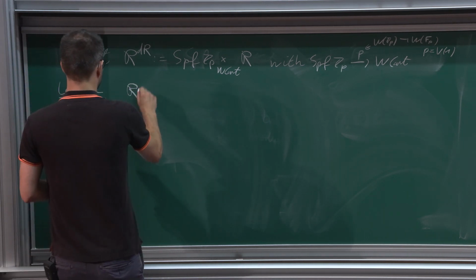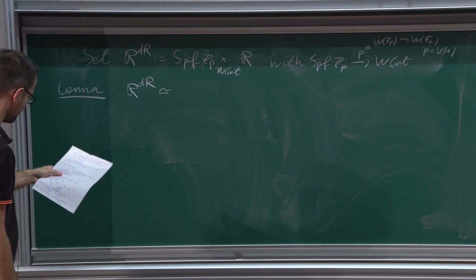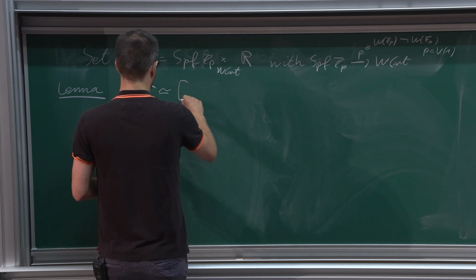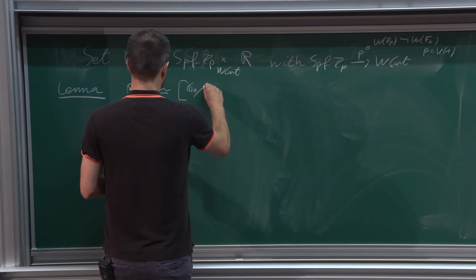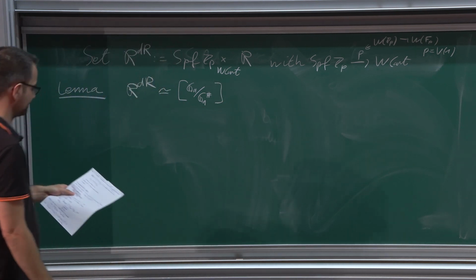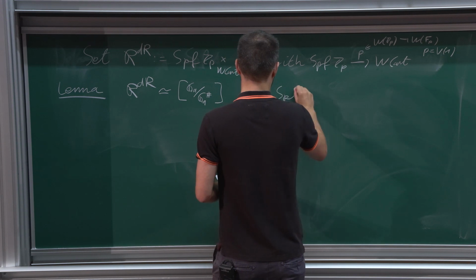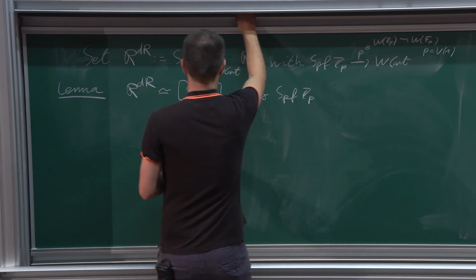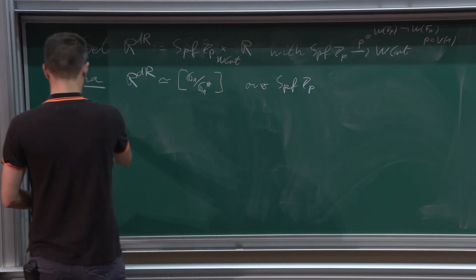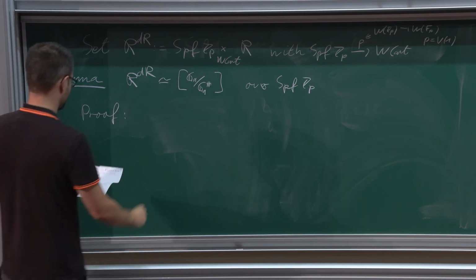And so now this ring stack can be written down more explicitly. Namely, it's given by G_a modulo G_a sharp over Spf of Z_p. And the proof here can be given as follows.